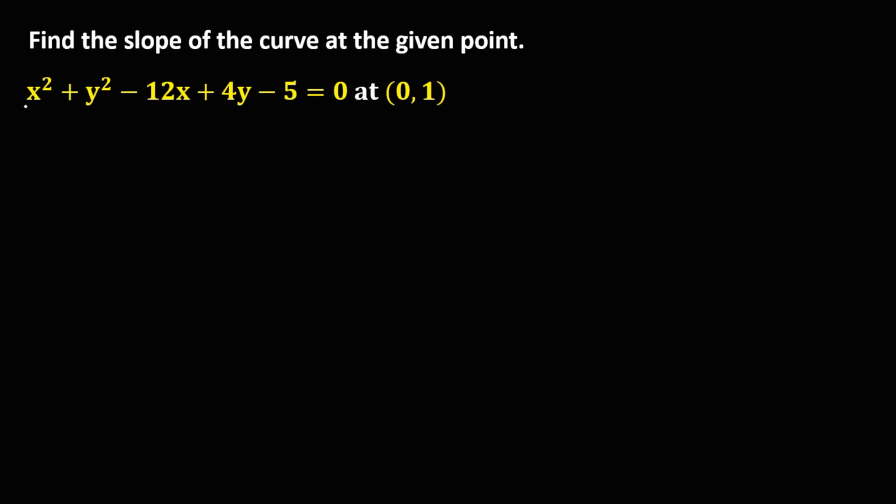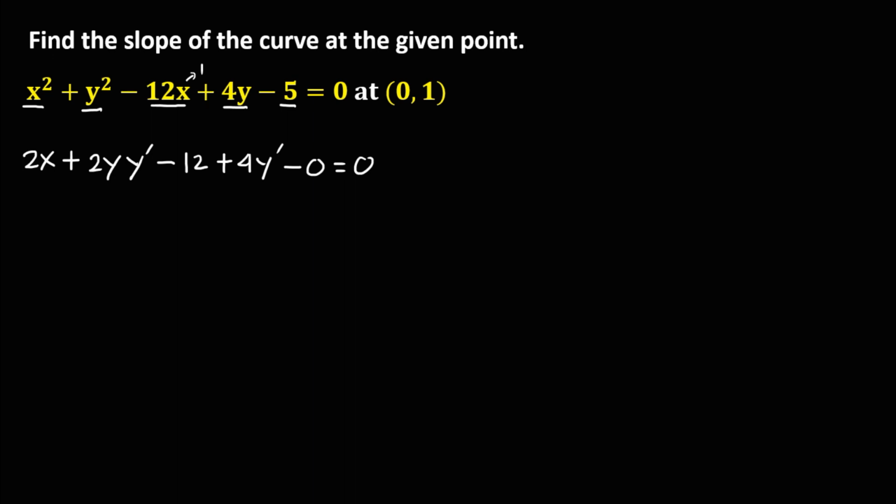For the first term, the derivative of x squared is 2x, plus the derivative of y squared, which is 2y times the derivative of y, minus the derivative of 12x, which is 12, because the derivative of x is 1, plus the derivative of 4y, that's 4 times the derivative of y or y prime, minus the derivative of a constant, that's 0, equals 0.